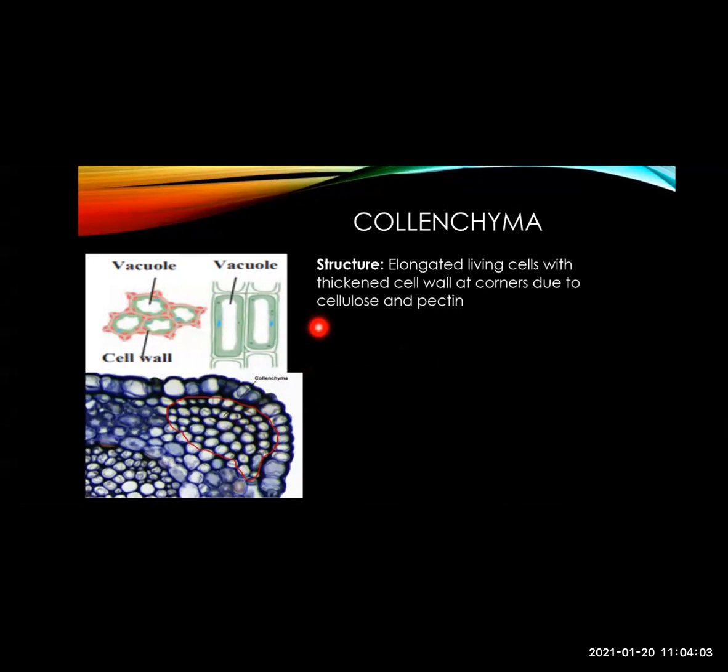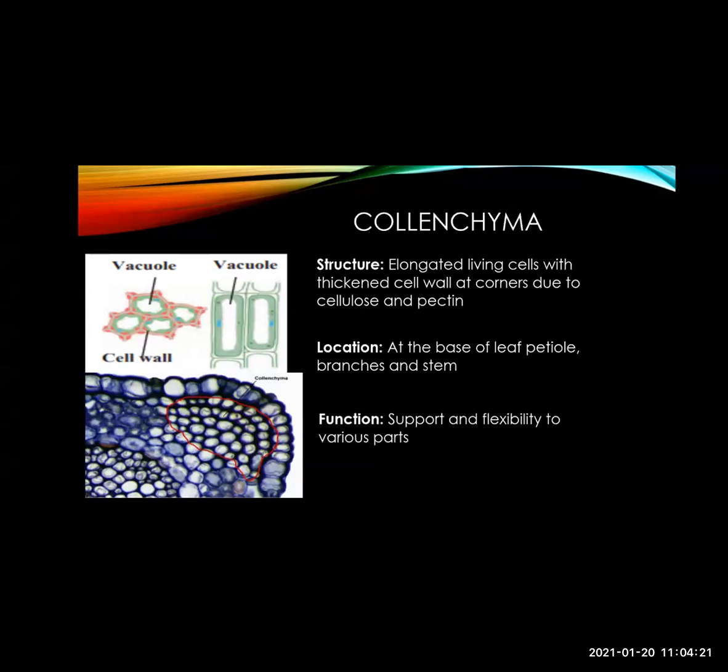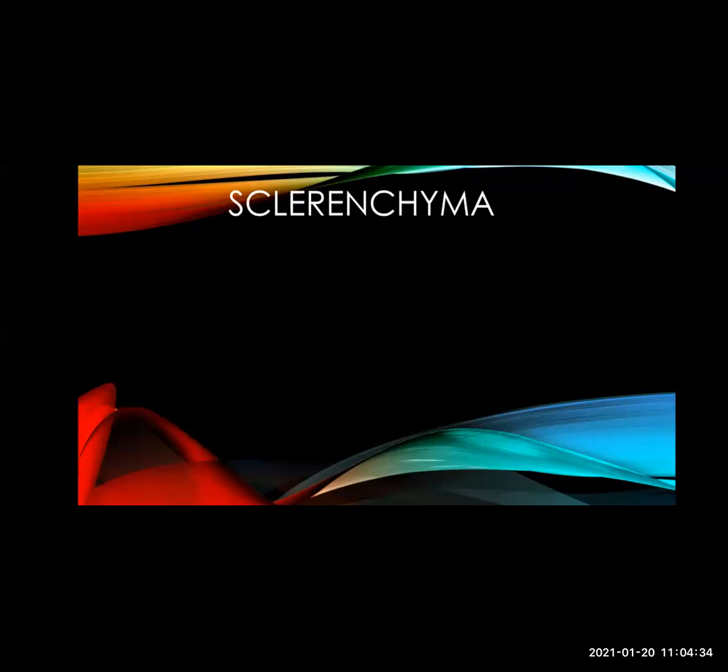It is because of deposition of cellulose and pectin. Where is it found? It is found in the base of leaf petiole, branches and stem. Its function is to support and provide flexibility to various parts. Support and flexibility is provided by collenchyma cells.